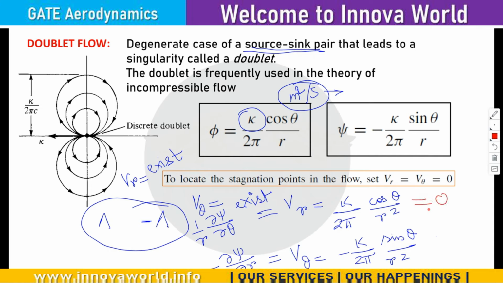Always remember, if there is any velocity, you cannot equate it to 0, because the free stream velocity can never be 0. So you have to see what possible factors can be 0. If there is something like a cos theta value, then it can be considered as 0. This is all about the doublet flow.